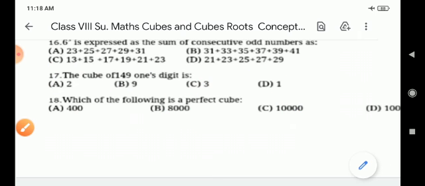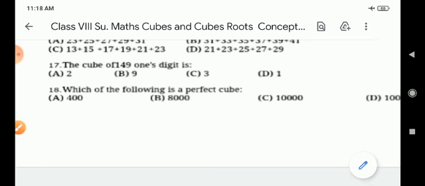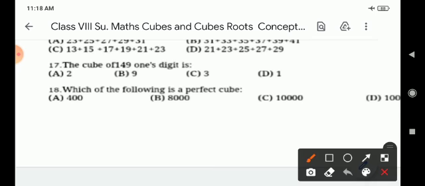Okay, children. Question number 18. Which of the following is a perfect cube? I understand perfect cube is an integer that is equal to some other integer raised to the third power. We refer to raising the number to the third power as cubing the number.